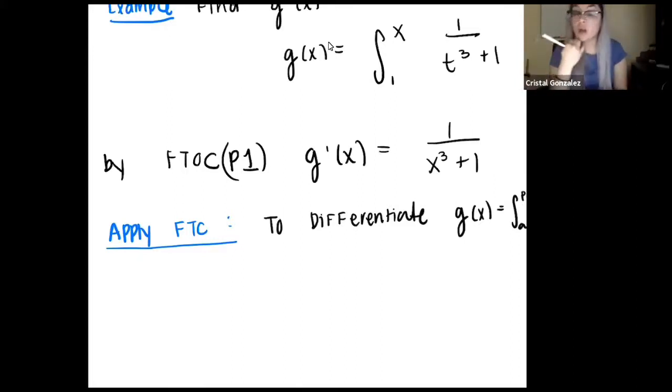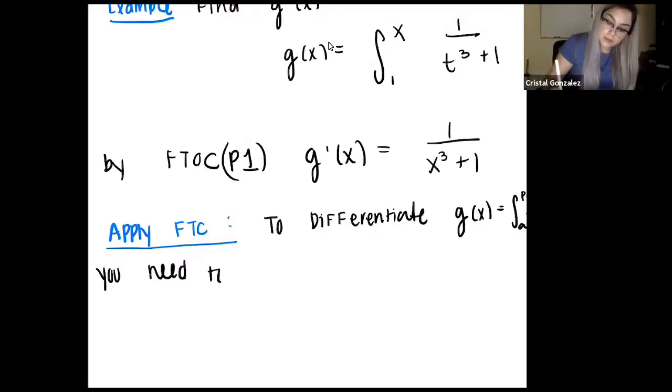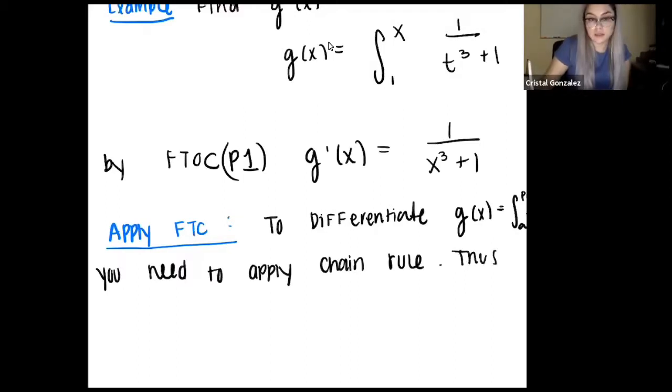Technically, x is a function. It's just a function of just itself, just x. There's nothing exciting going on there, and that's how we're able to do it so easily. You need to apply this.